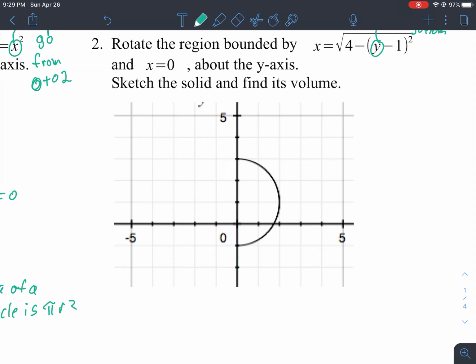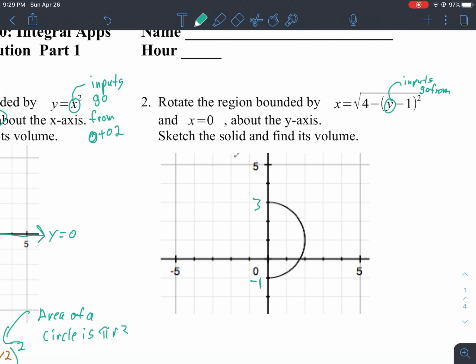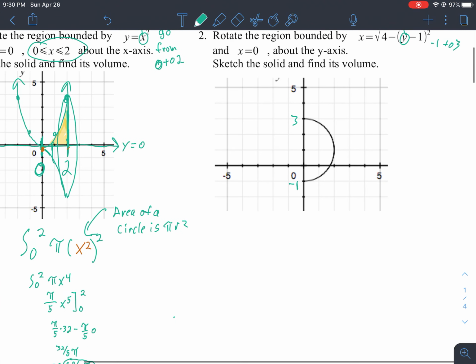The inputs go from -1 to 3. This is kind of like the area problems where we look at it sideways. So it's x equals instead of y equals. So the inputs go from -1 to 3. No biggie. Okay, so our inputs go from -1 to 3.